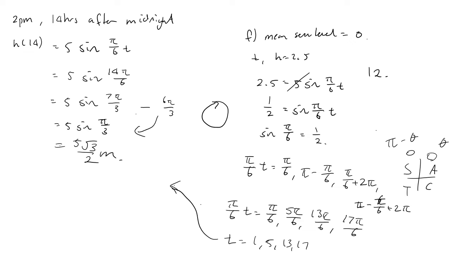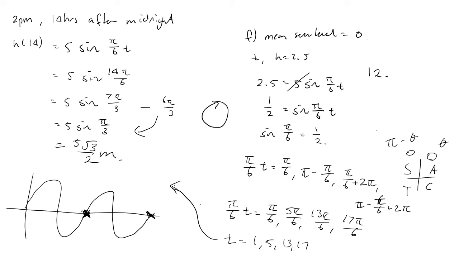because we need to, let's draw a graph. So it would look something like this. Okay. That's one cycle, and that's the second cycle. So it says 2.5 meters above mean sea level. So let's say this is 2.5.